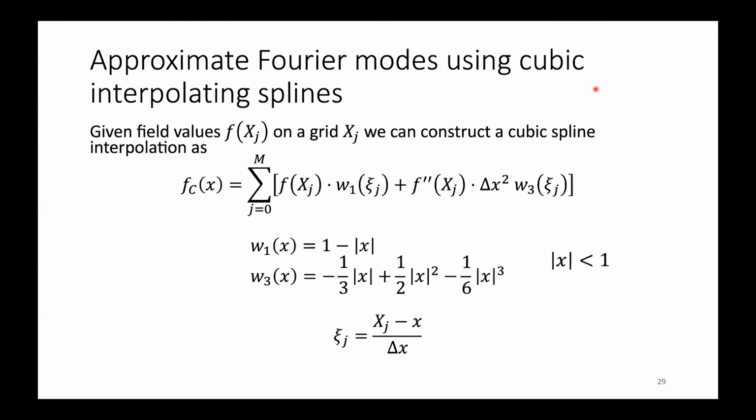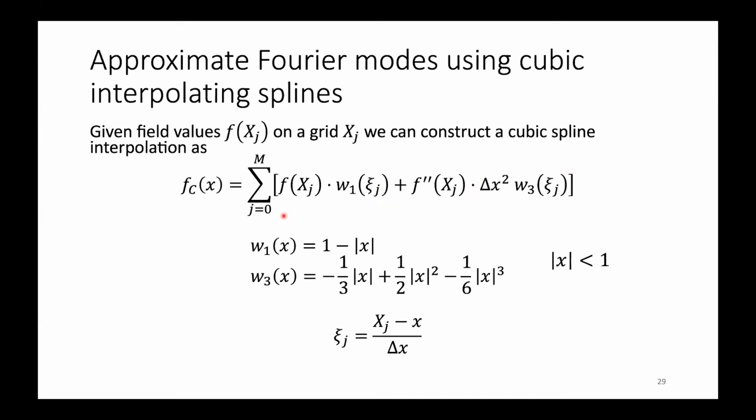The way a cubic spline works is, given some values on a field, we can construct the cubic spline interpolation by interpolating the values on the field using this interpolation here, this W sub 1. And then we have this other field, F double prime, that we're going to interpolate using a different weight function, W3. You can see both of those interpolations down here.